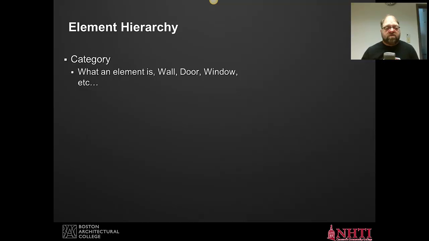Is a fire alarm box electrical? Is it fire protection? We have to figure out what the category is, but there's always generic. We can always use that if we don't have a spot for everything. But at the top of the hierarchy, everything has to be assigned some kind of category, so Revit knows what this thing is, understands some things about it, and it affects other functions down the line.